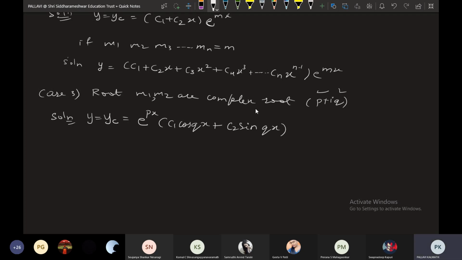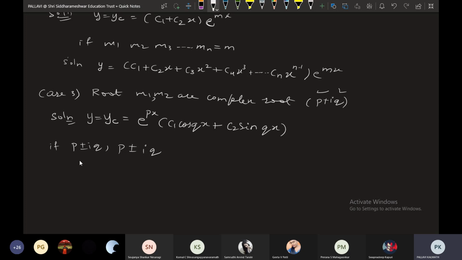Okay, if you have a repeated root, suppose p plus minus i q, then you have one more p plus minus i q. Suppose you have a fourth order equation, you will have four roots and the roots are repeated.